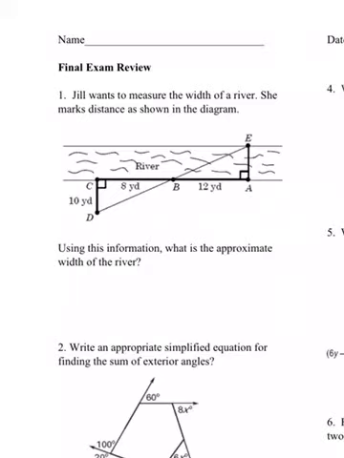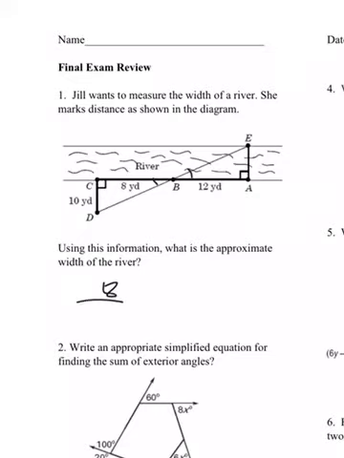Number 1, Jill wants to measure the width of a river. She marks the distance as shown in the diagram. So, pretty straightforward. Using this information, what is the approximate width of the river? These two triangles are similar, not congruent. You have the vertical angles here, and so you just set up a proportion to show that.